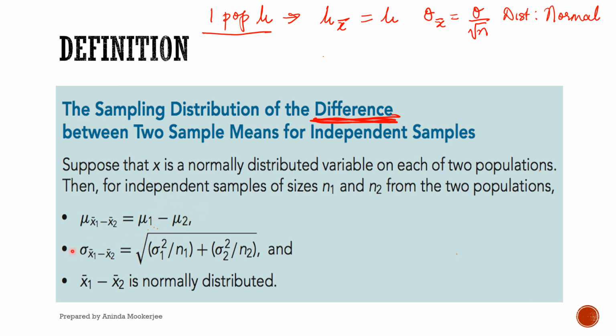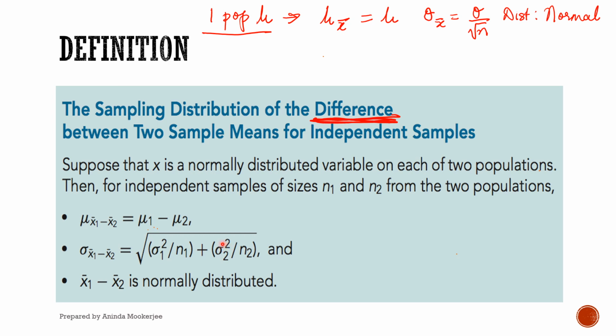Then the standard deviation of the difference of the two sample means is given by this formula: the square root of sigma 1 squared, the population standard deviation of population 1 squared, divided by n sub 1, plus sigma 2 squared divided by n sub 2.